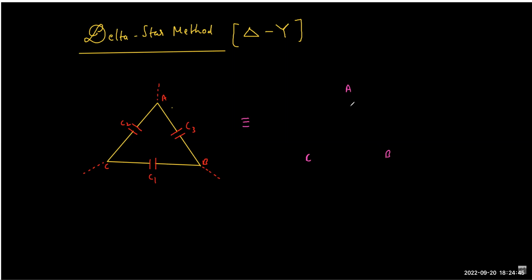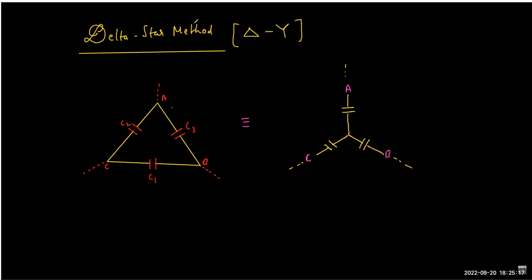What does it mean? If I create a Y shape like this, pretty much an inverted Y shape, the 2 circuits must exhibit similar equivalent capacitance value. When we do so, we call it the transformed circuit of the given circuit. So delta converts into Y form and Y can be converted into delta form.